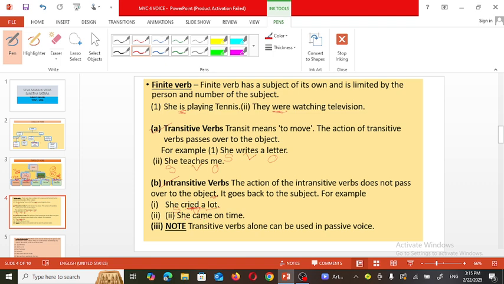Then, she came on time. So she is the subject, came is the verb, and as the sentence is in the simple past tense, it is the second form of the verb. And on time also gives information about the verb, it is an adverb. Here there is no presence of an object. So both these examples are of intransitive verbs. Transitive verbs alone can be used in passive voice.